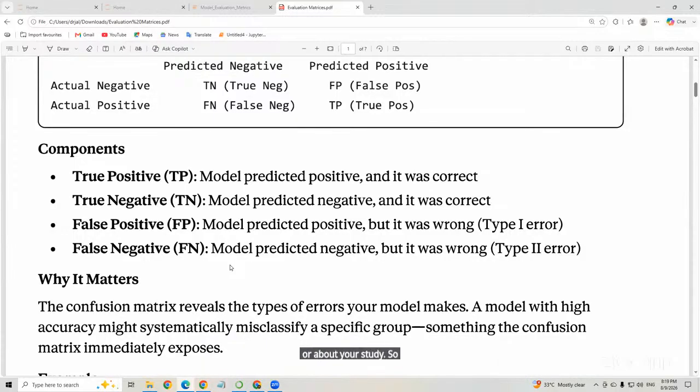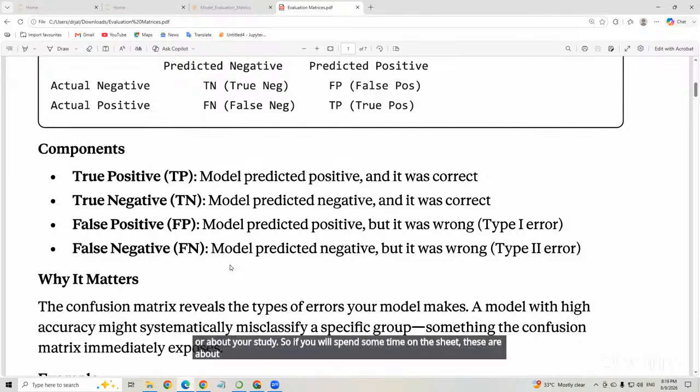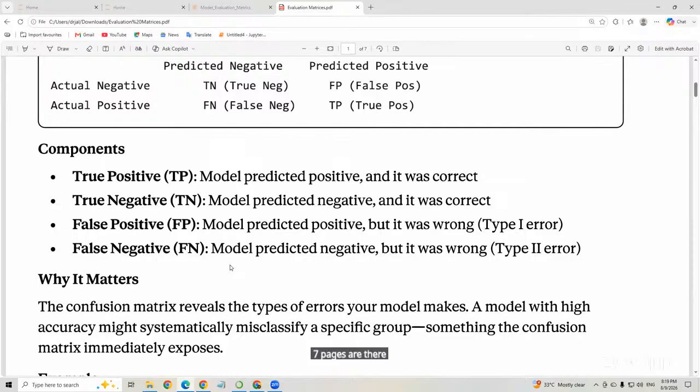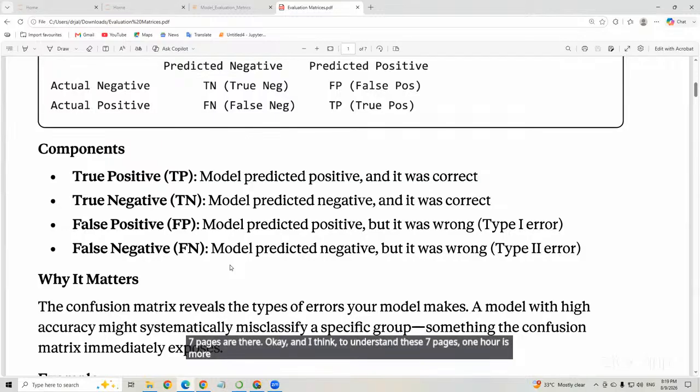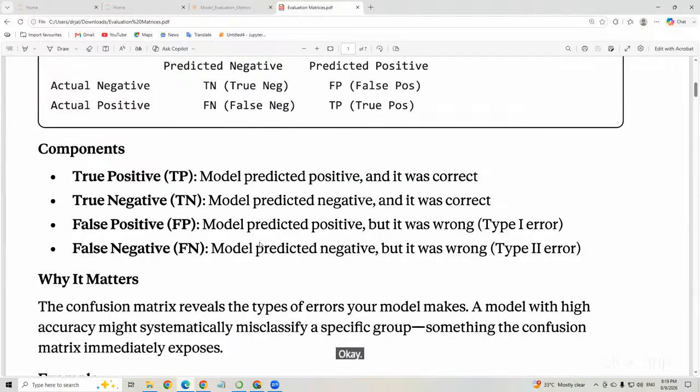So if you spend some time on the sheet, there are about 7 pages, and I think to understand these 7 pages, 1 hour is more than enough. So many things you will cover here.